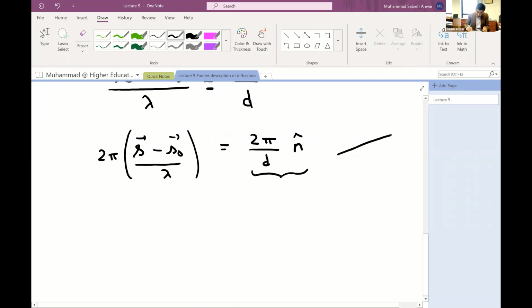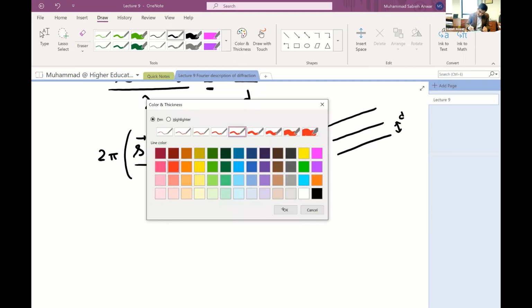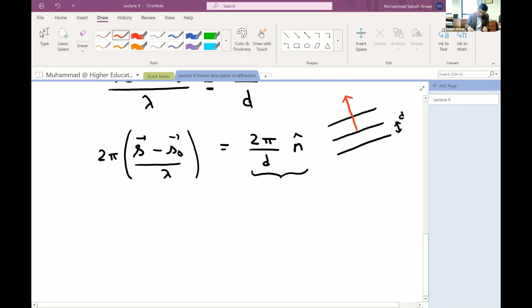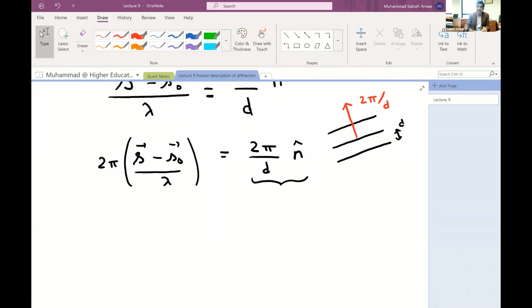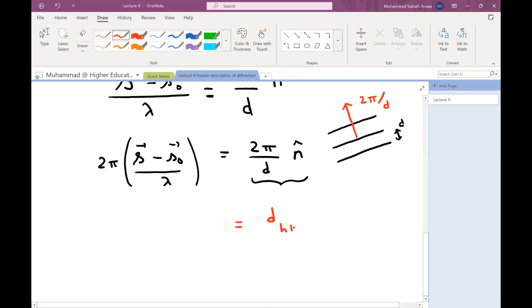So we have planes with the spacing d, and we now have a vector which is normal to the plane, and the length of this vector is 2 pi over d. Can anyone just speak up, please? A reciprocal lattice vector. So this is simply the d HKL star vector.